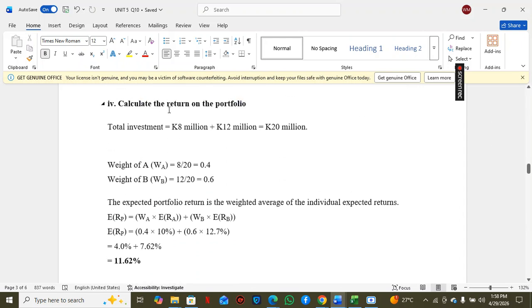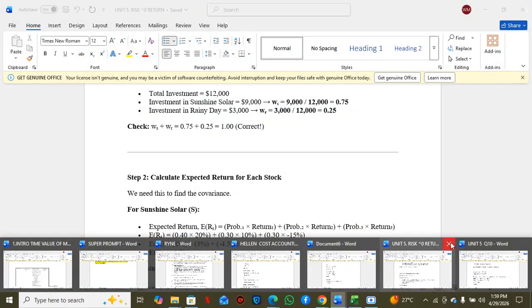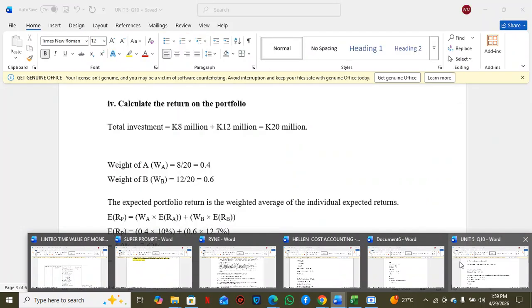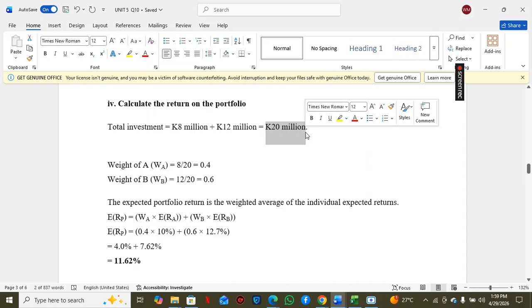They've told us in the question that you invest 8 million in company A and 12 million in company B. First thing you have to find is the weightages. Basically, out of the total investment, 8 million in A and 12 million in B, the total amount you're investing is 20 million.